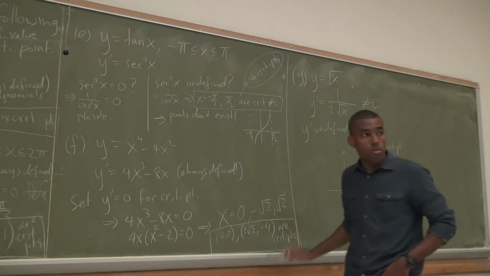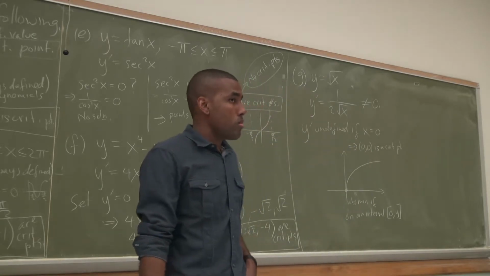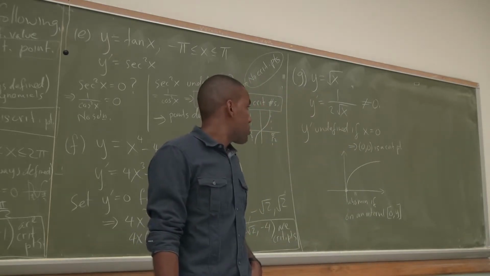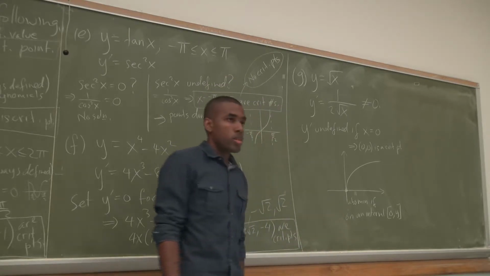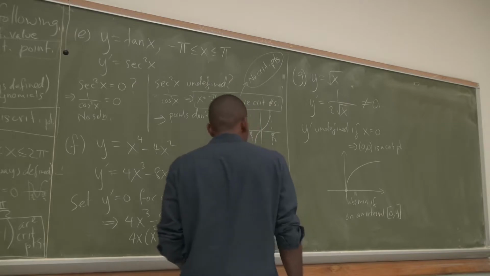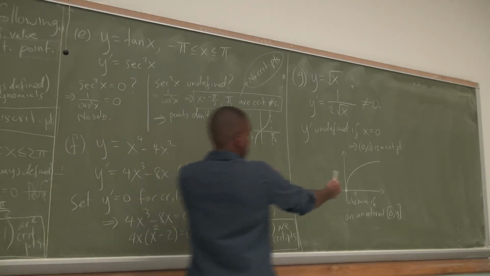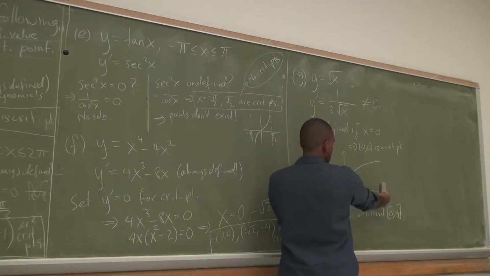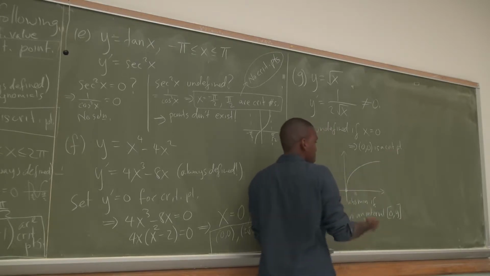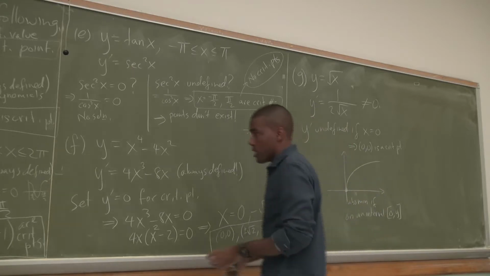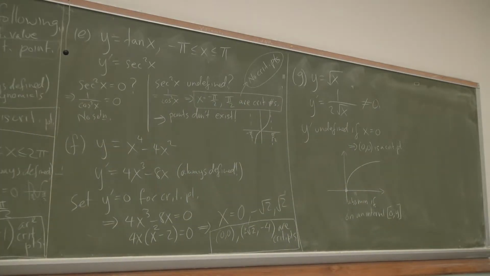So if they don't give us the domain, that would be true. Would it not have an absolute minimum? No, it would still be an absolute minimum, because on any given interval including 0, that would be the smallest. If my interval was over here, then the absolute minimum would occur always at the left endpoint. This is always getting bigger and bigger. So the leftmost endpoint will always be where the absolute minimum occurs. But technically, it doesn't have a relative minimum.